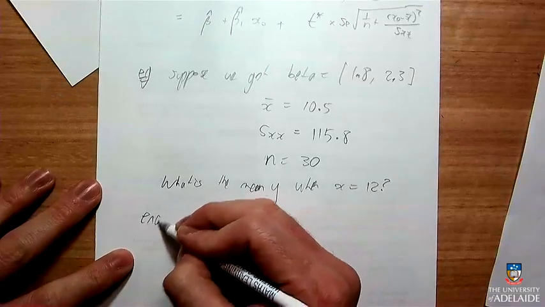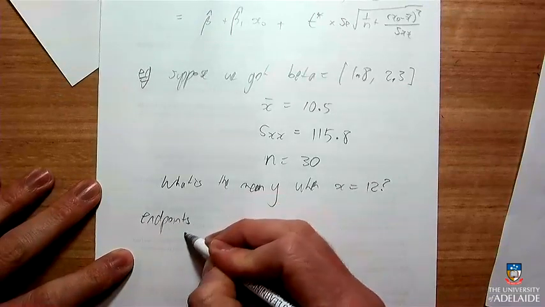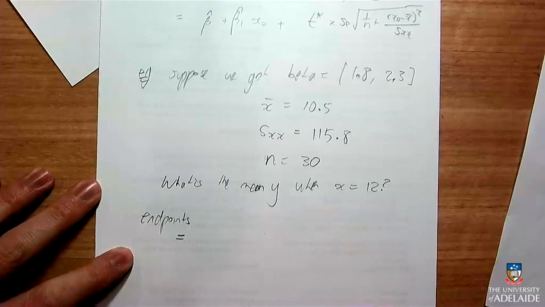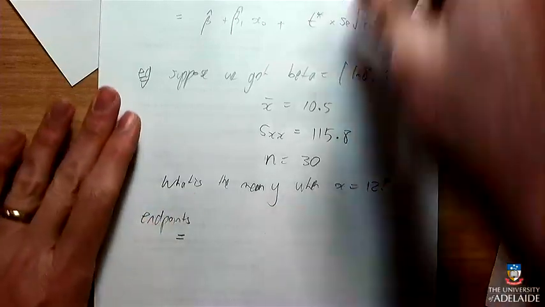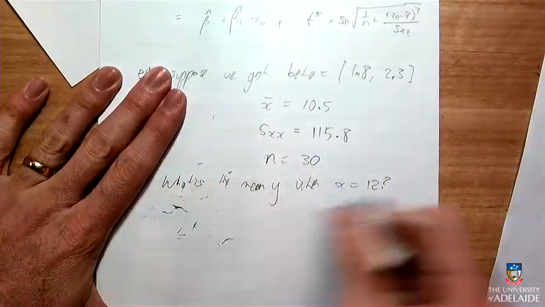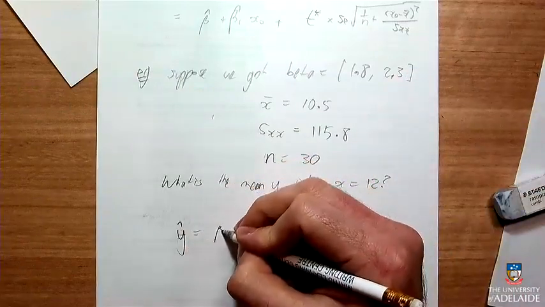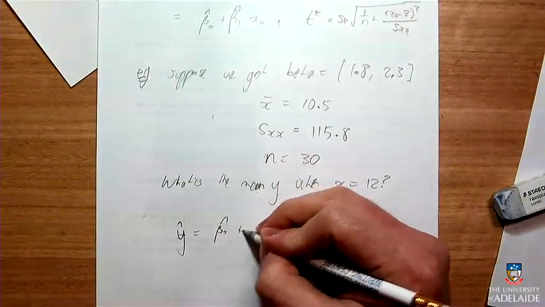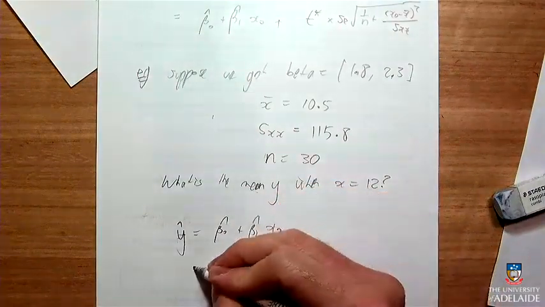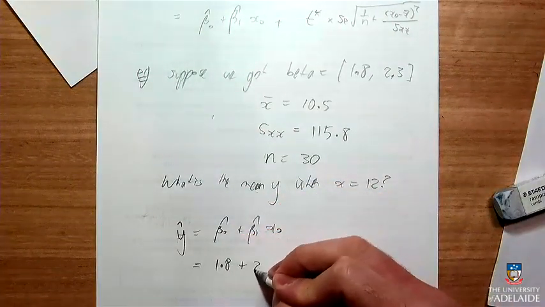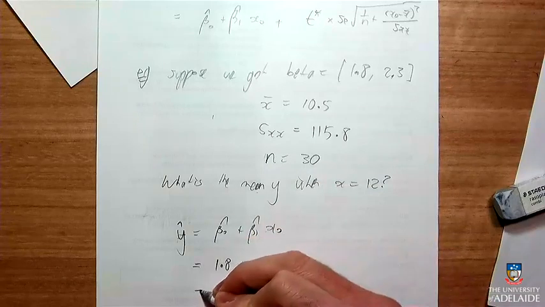So the endpoints are, actually just figure out what all these bits are. So y hat is beta naught hat plus beta 1 hat x naught, which is 1.8 plus 2.3 times 12.